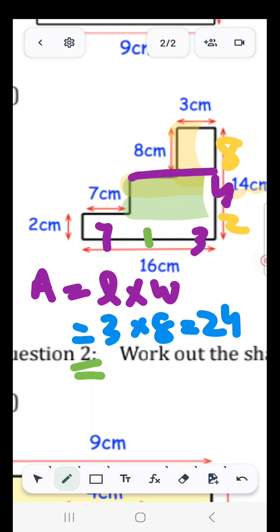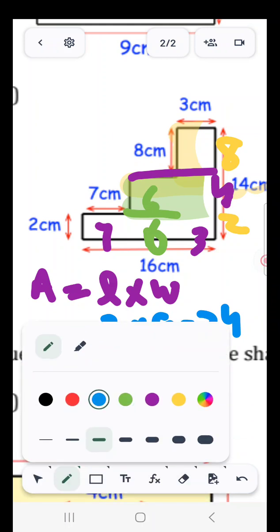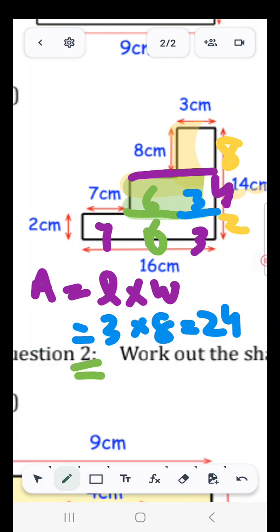Oh, I mean sorry, 6. Because see, from here to here it is 6, and the remaining one is 3. So 6 add 3 should be 9.